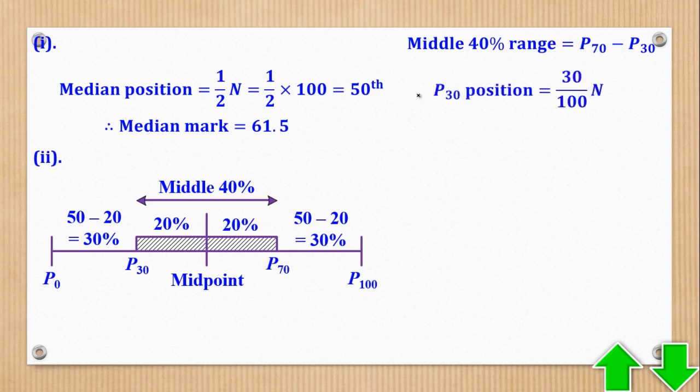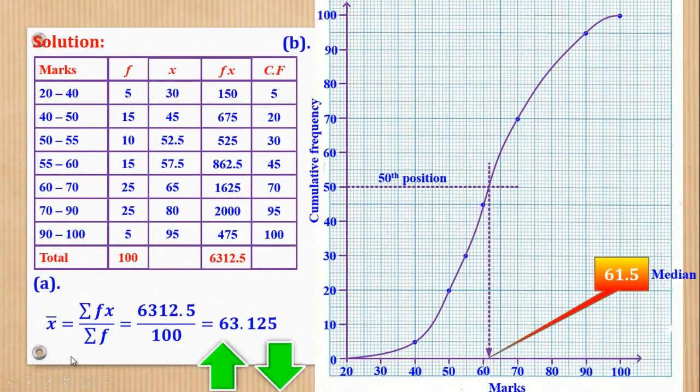Therefore, the position of P30 is 30 over 100 times 100 to give you the 30th position. Therefore, I'll go here and locate the 30th position and take it to meet the curve, then take it downwards to meet the horizontal axis and read off that value. So that will be our P30.